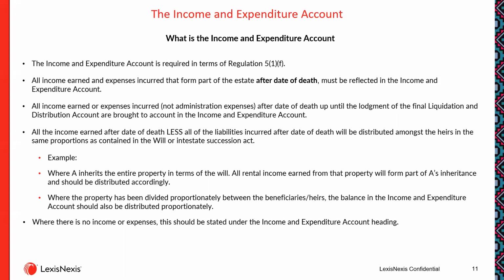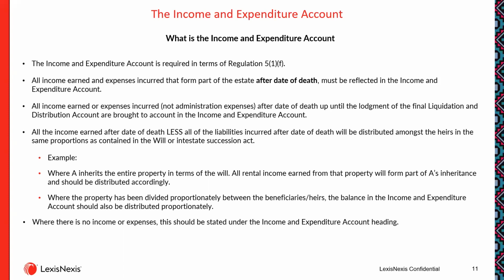And then all of our income earned after date of death, less all of our liabilities incurred after date of death, is then distributed amongst the heirs in the same proportions as contained in the will or the Intestate Succession Act. So essentially, our income and expenditure account is a smaller liquidation and distribution account within our liquidation and distribution account that only deals with our income and expenses after date of death.